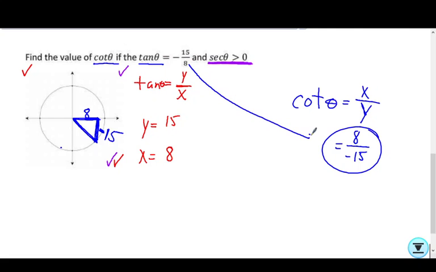You could have gone straight over here and taken just the reciprocal of it. Okay? And that's again why it's so important to know your trig functions and their relationship to each other. Because basically we wouldn't have had to do any of this if we had just remembered at the beginning that cotangent is the reciprocal of tangent. Okay? So that's why it's super important for you guys to remember these trig ratios.